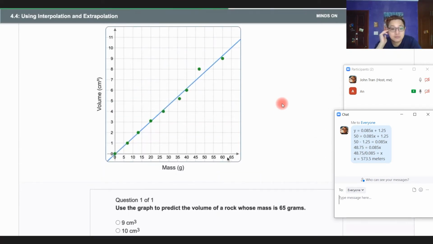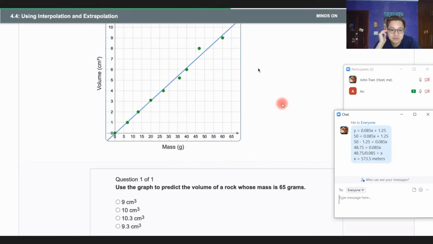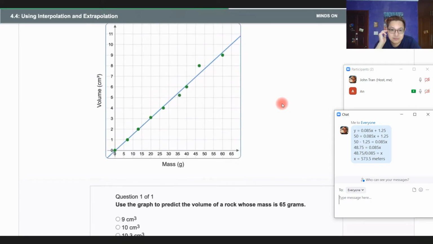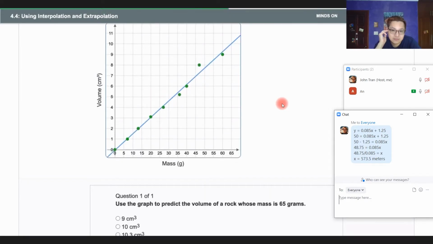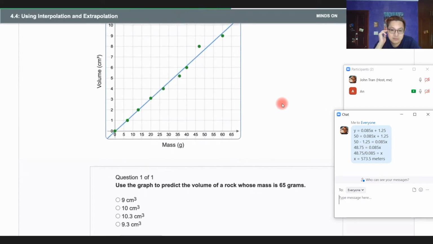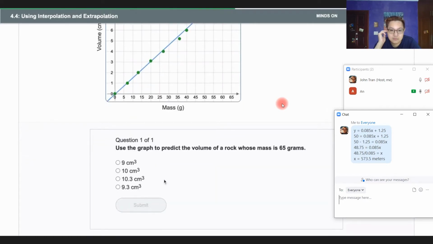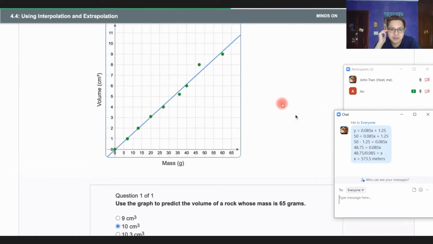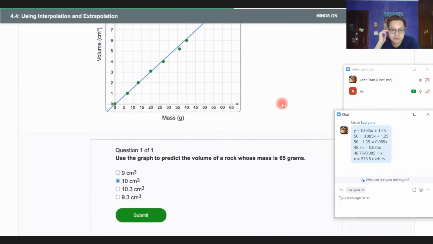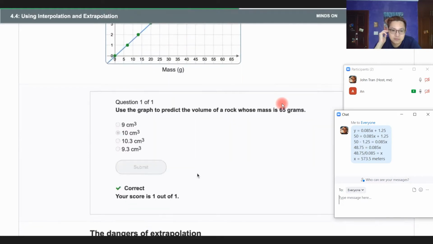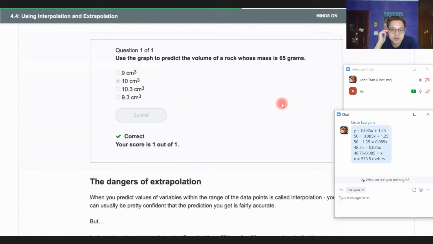Sure, so 65 is... I would say this is about 10 cubic centimeters. Yeah, 10 sounds more like it compared to 10.3. Correct. Okay, the danger of extrapolation.